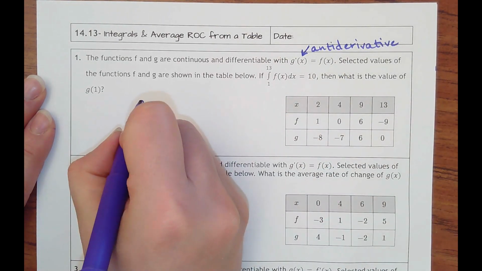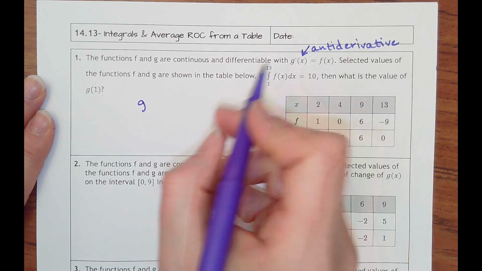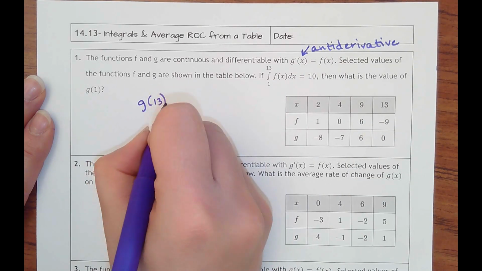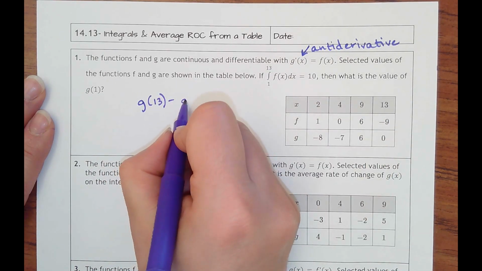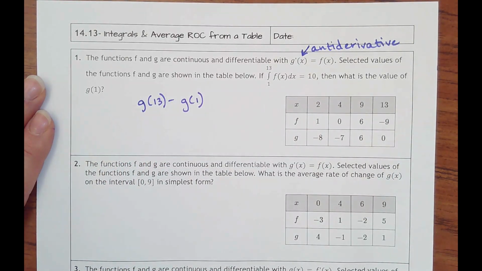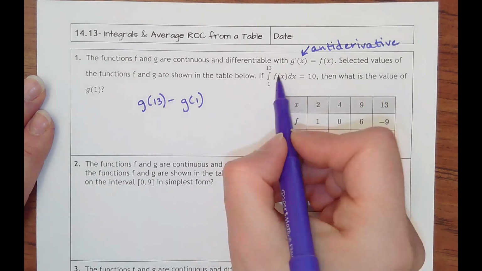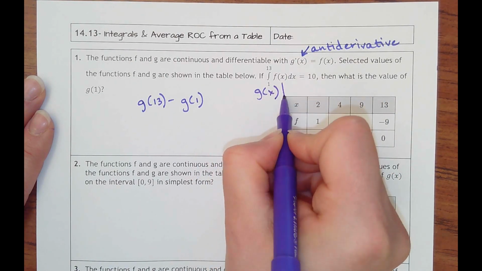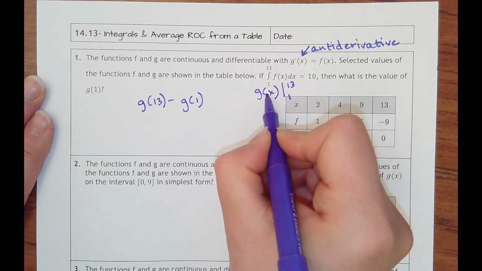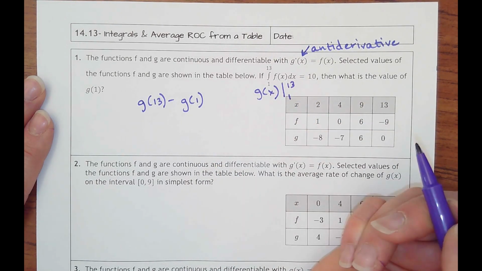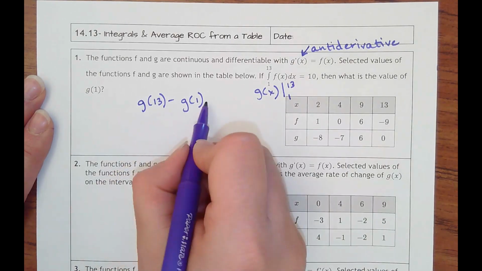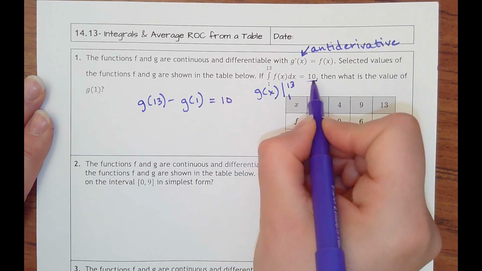So I'm going to do g of 13 minus g of 1. That's the best way to put it. It's like having g of x from 1 to 13, and then I'm plugging in my b minus plugging in my a. And then I get that equals 10 because they're telling me.